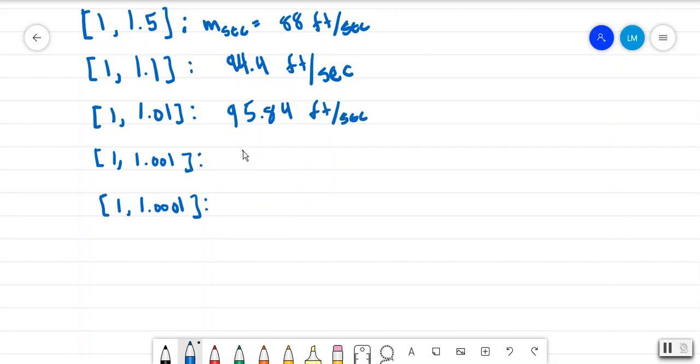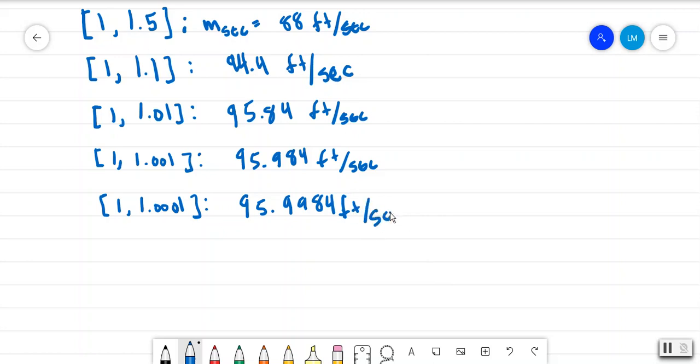Then we have that the next one is 95.984 feet per second. And then the last one is going to be 95.9984. Now, hopefully you can tell that there is a bit of a pattern in what it's approaching.